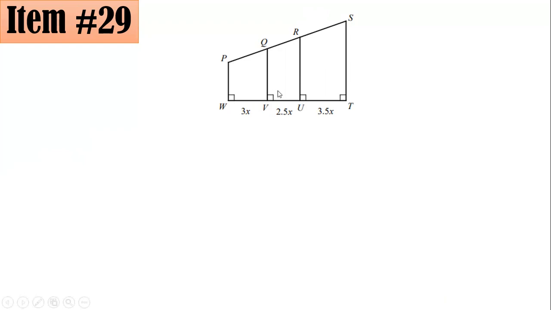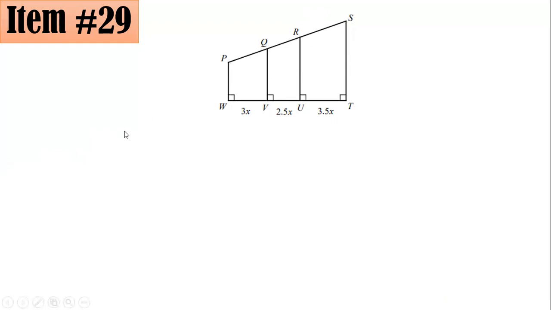Since they form right angles here, this implies that PW, QV, RU, and ST are all parallel with one another. And if they are parallel, and these are the ratios of the lengths of WV, VU, and UT, then it follows that this is also 3x, 2.5x, and 3.5x as well.